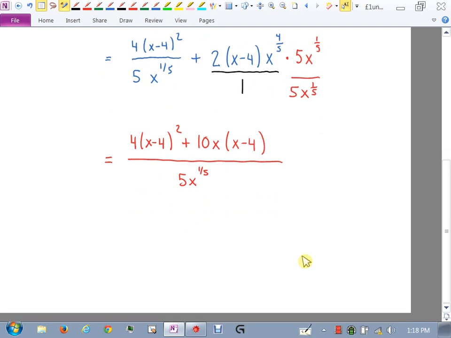All right, now I'm going to try and take this and see when this is 0. So the question is, when is that derivative equal to 0? So take that ugly thing and set it equal to 0.